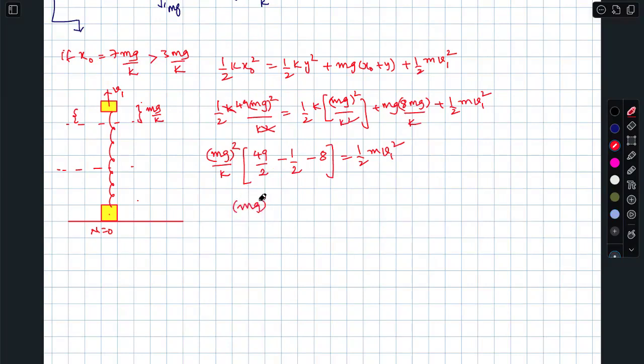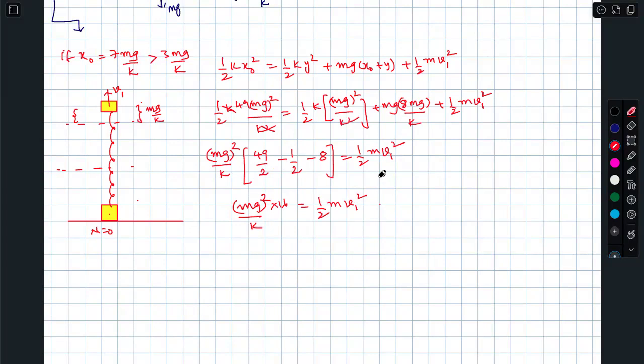Therefore, mg square times 16 by k is half m v1 square. Now with this, you will get the value of v1.